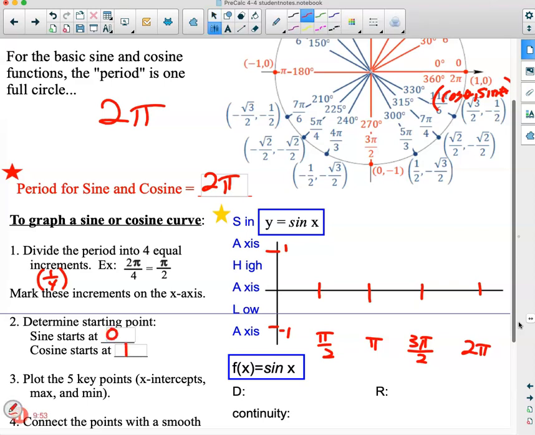Now with sine, it starts at 0. And from there, sine is axis high, so it'll go up to positive 1. Axis low, down to negative 1, and back to the axis.